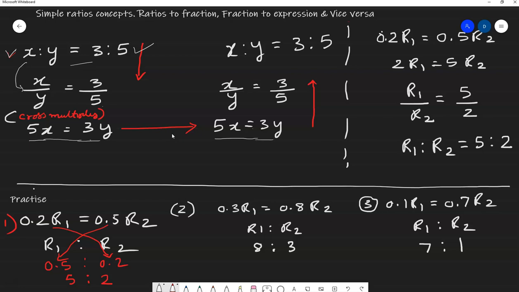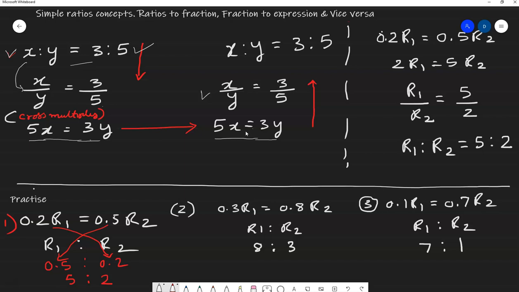Divide both the sides by y, you'll end up getting x by y, and then multiplied by 5, and 5 will go away. So sometimes you can do this type of conversion mentally. So from this expression, you can get back the ratio x is to y is equal to 3 is to 5.